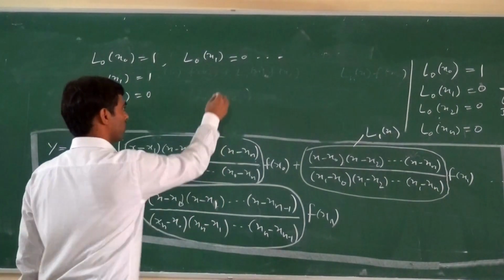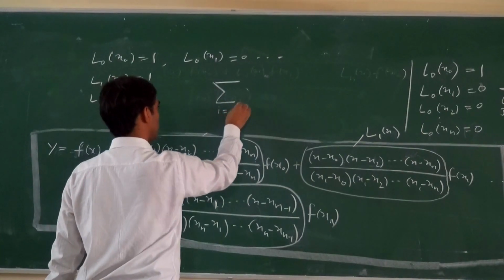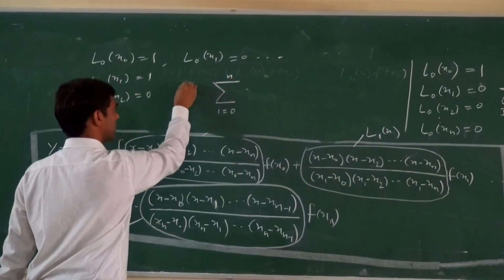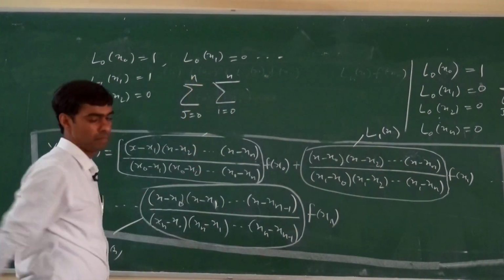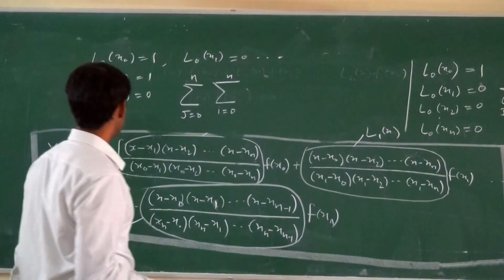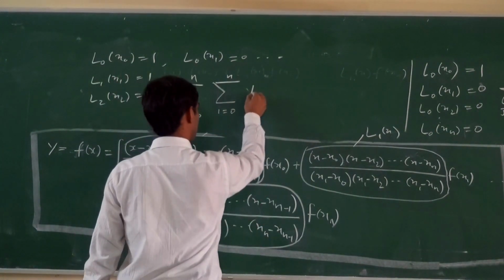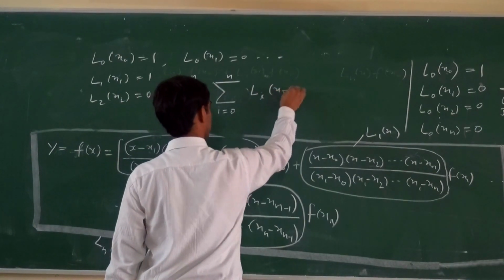So if we write this in terms of summation, i equals 0 to n, and second summation j equals 0 to n, then this becomes Li xj.